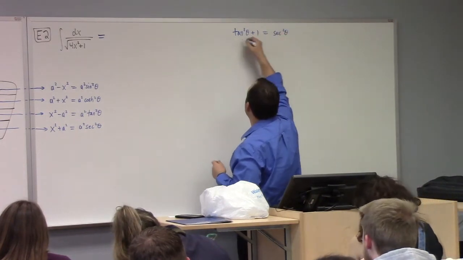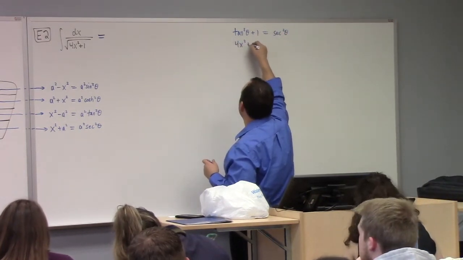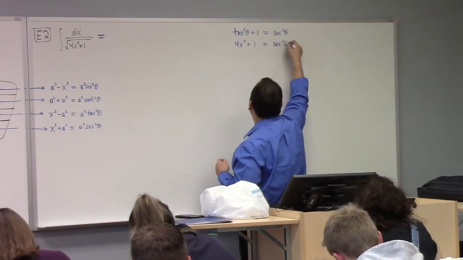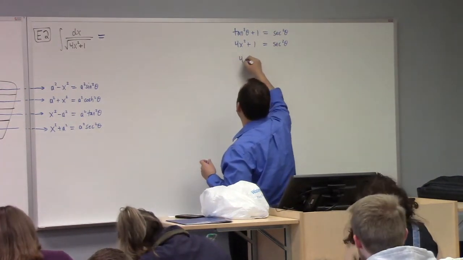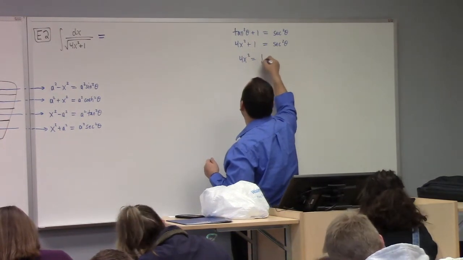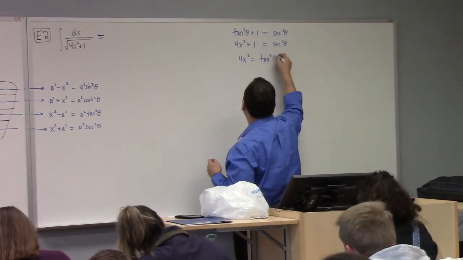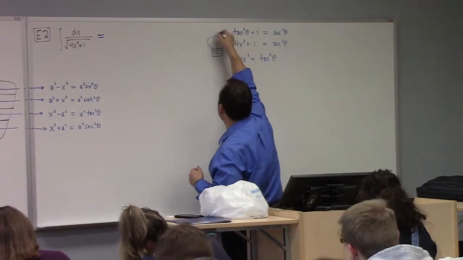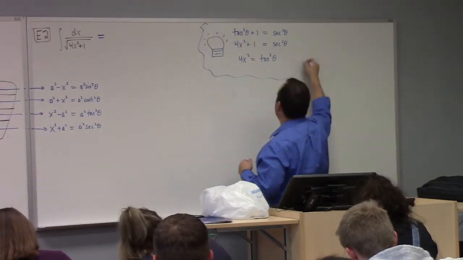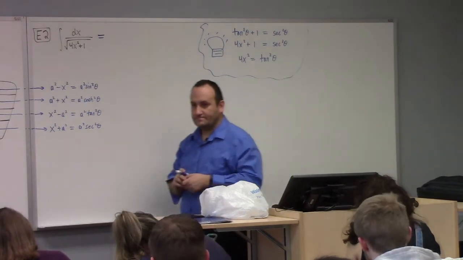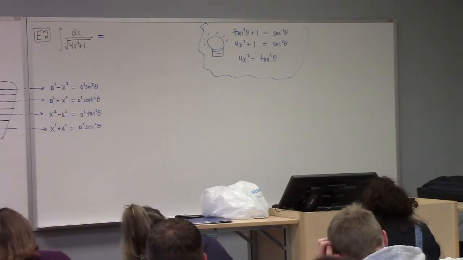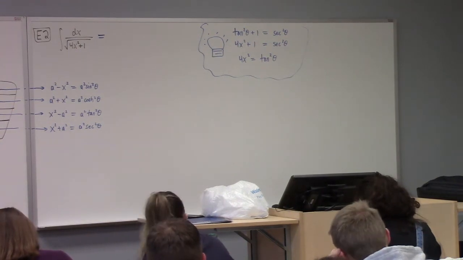So if I think about 4x squared plus 1 being equal to this, that suggests that I should make 4x squared equal to tangent squared theta, right? I'm not deriving this. This is educated guessing, yeah? So what should x equal here, for example 2?